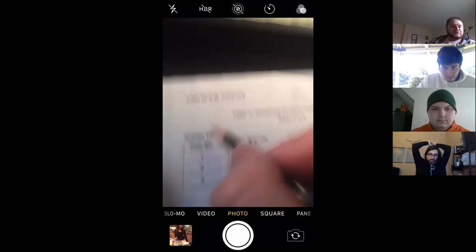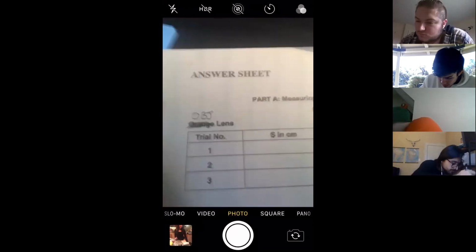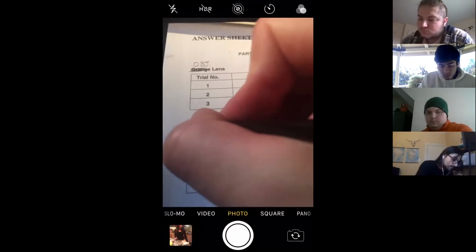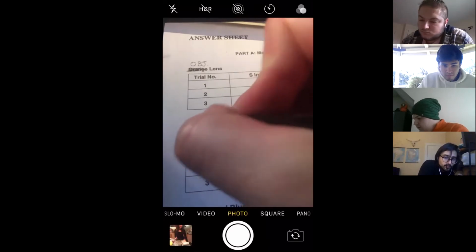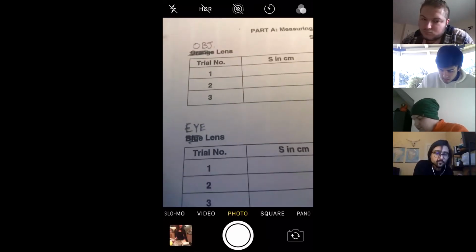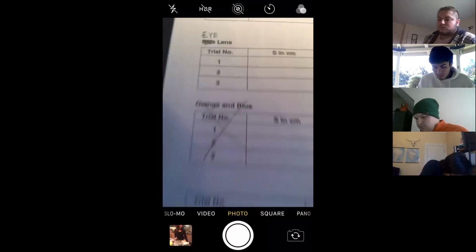Let's make a couple of corrections. They say we're going to be using an orange lens and a blue lens. Instead of orange, we're going to have the objective lens. You can just make it OBJ if you want. And instead of the blue lens, we're going to have the eyepiece. EYE, okay? Cross that part out. We're not going to do that.